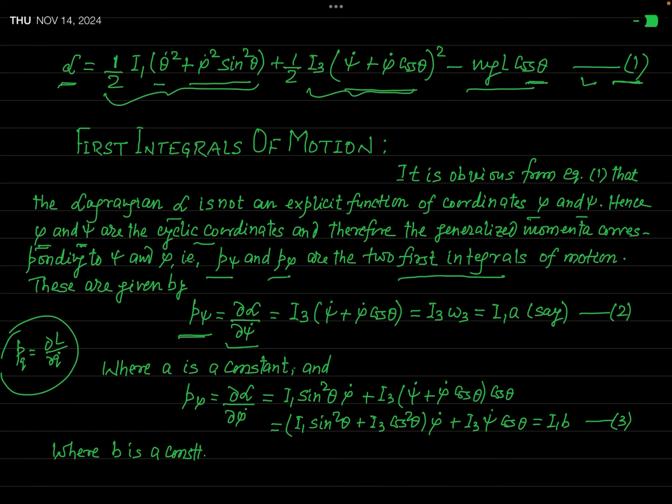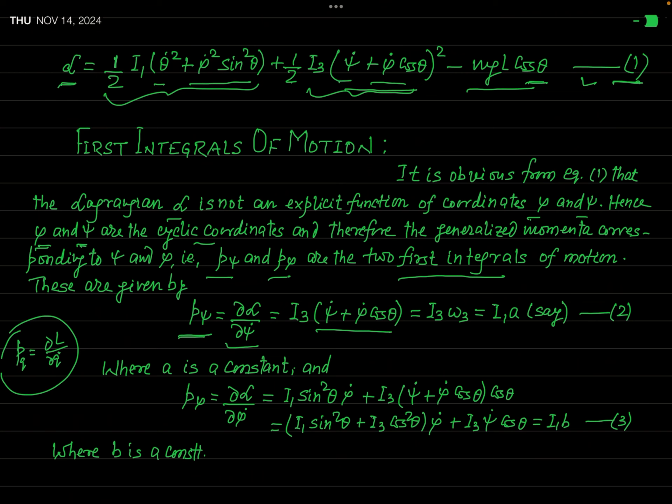But the second term contains psi dot, so this will be differentiated. First of all, this will be differentiated with respect to psi dot plus phi dot cos theta. And that will be 2 times psi dot plus phi dot cos theta, and the 2 here will cancel. I3 is a constant, so this will be I3 times psi dot plus phi dot cos theta. Now, this will be differentiated with respect to psi dot.